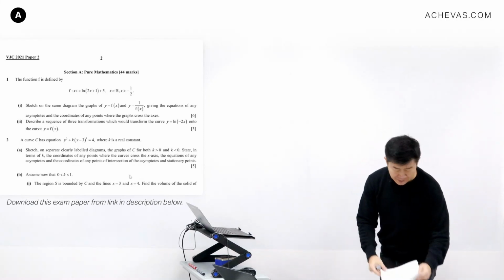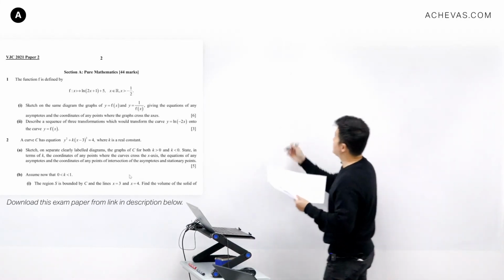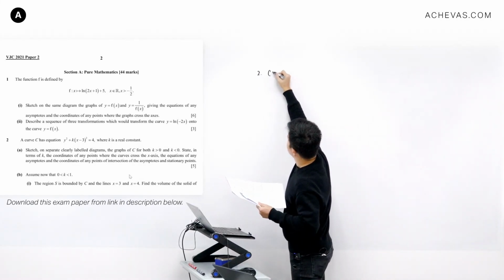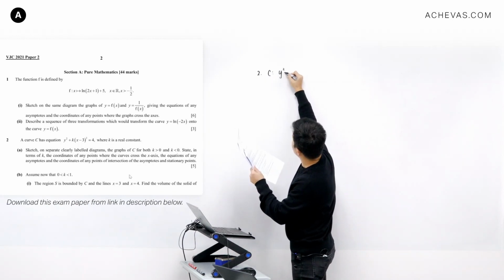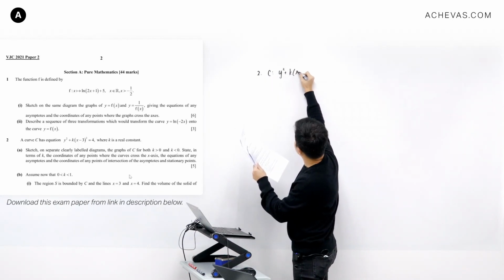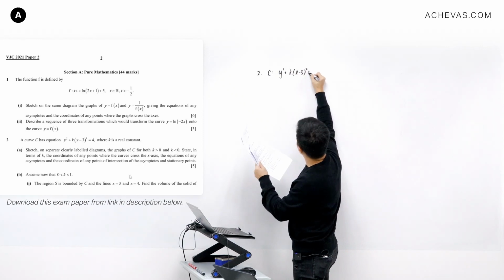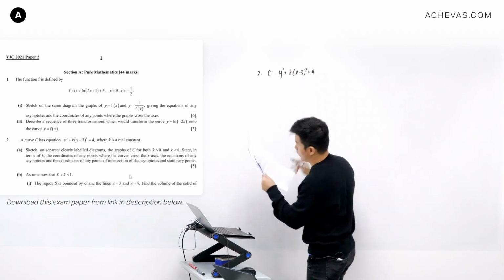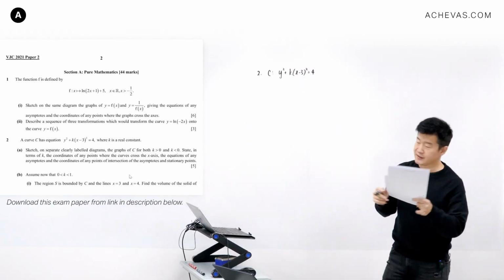Okay, let's take a look at it. Question number 2, the equation C is given to us as y squared plus k(x minus 3) squared equal to 4, and k is a real constant.